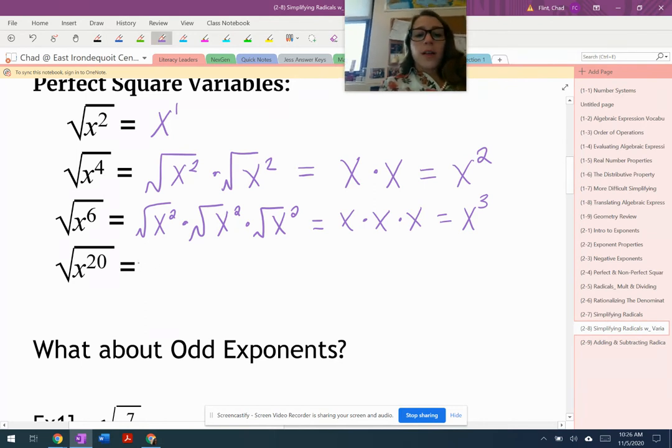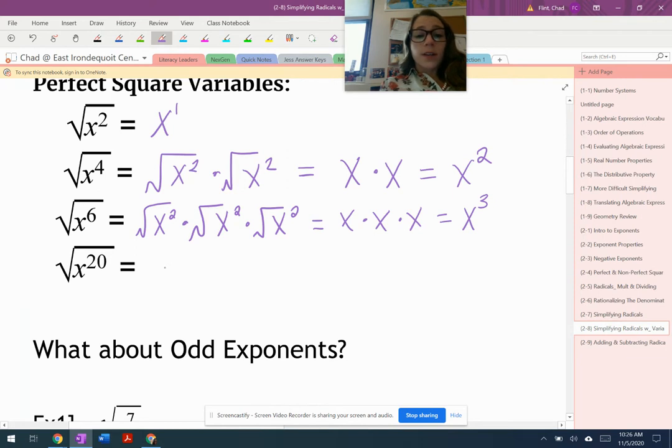Really, what I'm doing with all these exponents when I take the square root of them, 2 to get to 4, 6 to get to 3, is taking the exponent and cutting it in half.